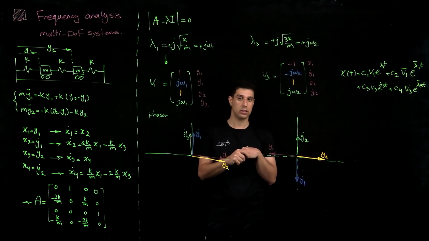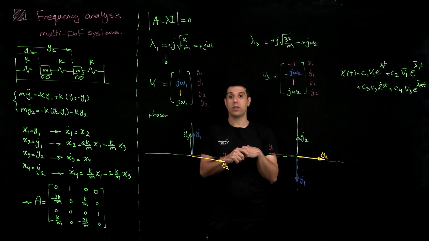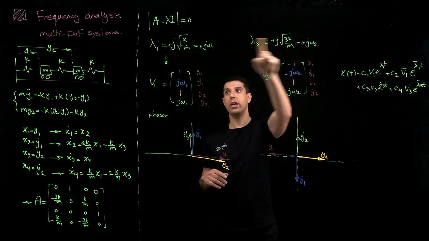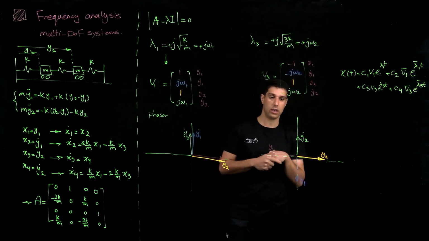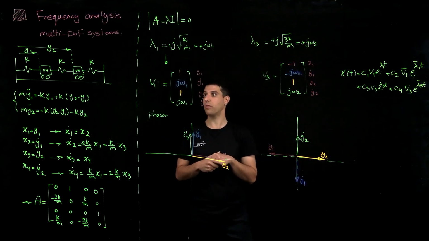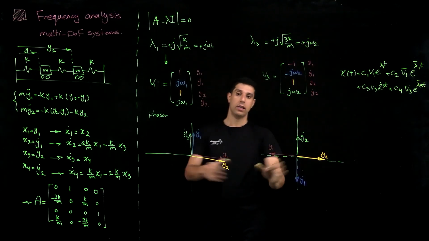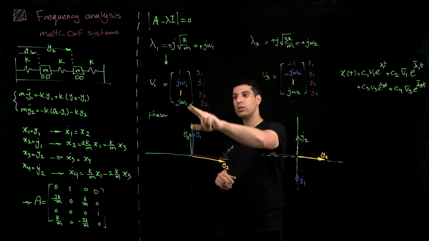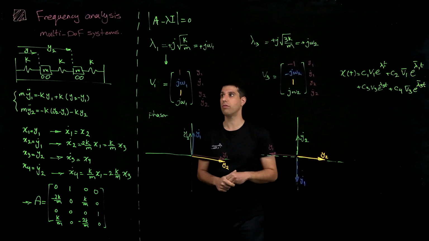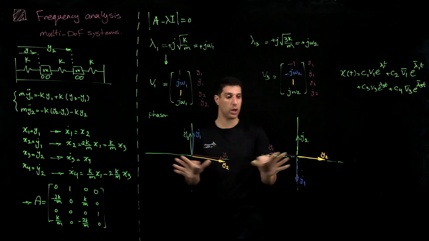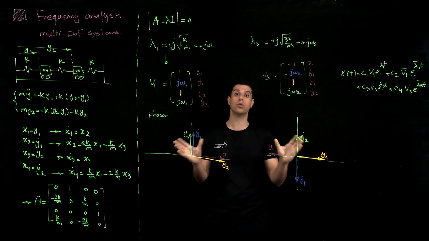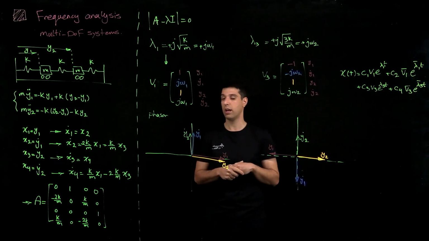And perhaps because of that, the system is more stiff and it oscillates faster, at square root of 3 times the other natural frequency of the system. So by looking at the eigenvalues and eigenvectors of the system dynamics, we can find out the frequencies and also the modes of oscillation.